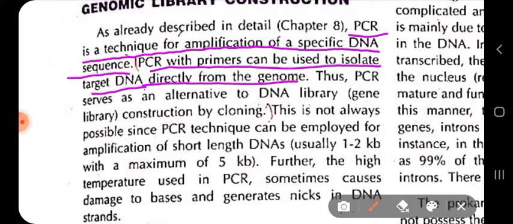Using PCR, I can isolate our target DNA directly from the genome by using complementary primers for that target DNA. So PCR serves as an alternative to the DNA library without going through so much of this process. But PCR is unsuitable for a long genome.